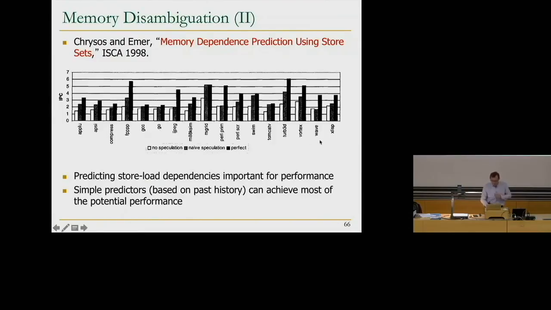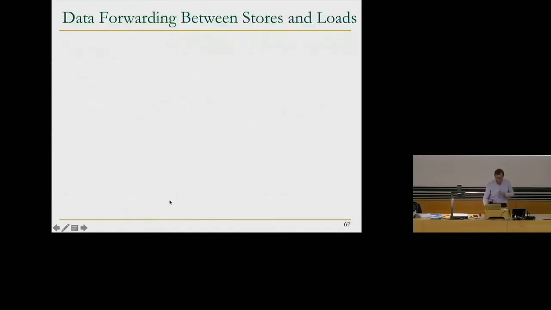But if you look at this, the conservative approach is terrible. The aggressive approach is a little bit better, but the perfect approach has a huge gap. That's why you would like to handle this well. Simple predictors can achieve most of the potential performance. I'm not going to talk about how to do the prediction. You can leave that to your imagination.